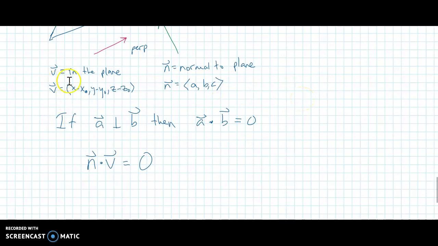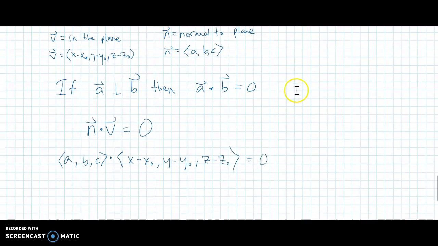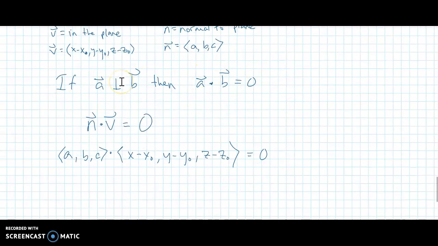And then from there, it's just writing the component forms out. N is the vector A, comma B, comma C, and then dotted with vector v. I'm just going to copy this: x minus x naught, comma y minus y naught, comma z minus z naught. That dot product is equal to 0. And now I just do my dot product operation. And this right here, this is the equation.